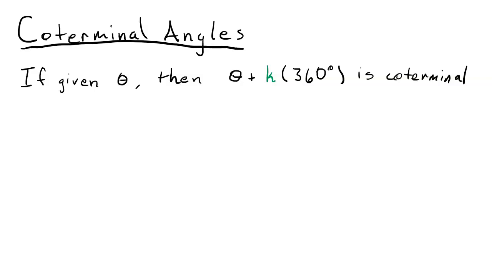So what I have written out here is what we learned in objective 2, which is if you're given an angle theta, then theta plus k, where k is just some non-zero integer, times 360 degrees is coterminal to the original theta. Now, how do we translate this into radians?